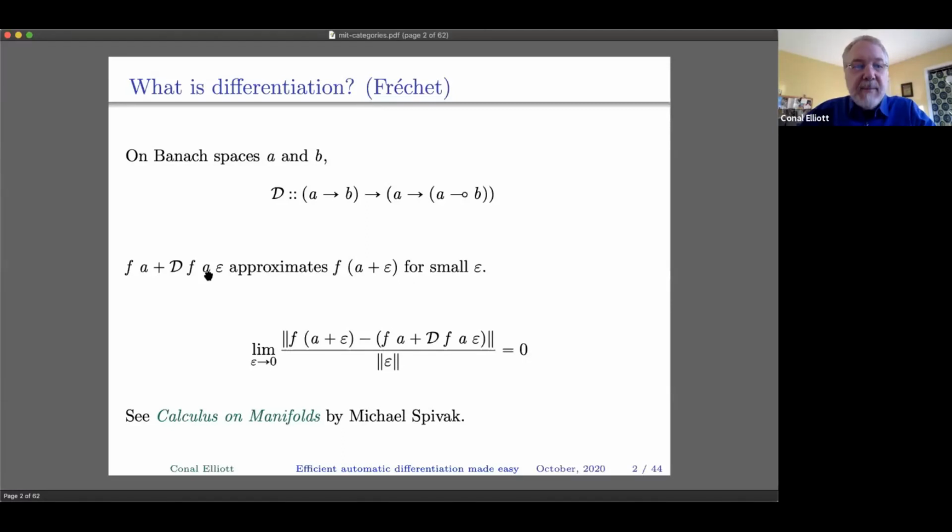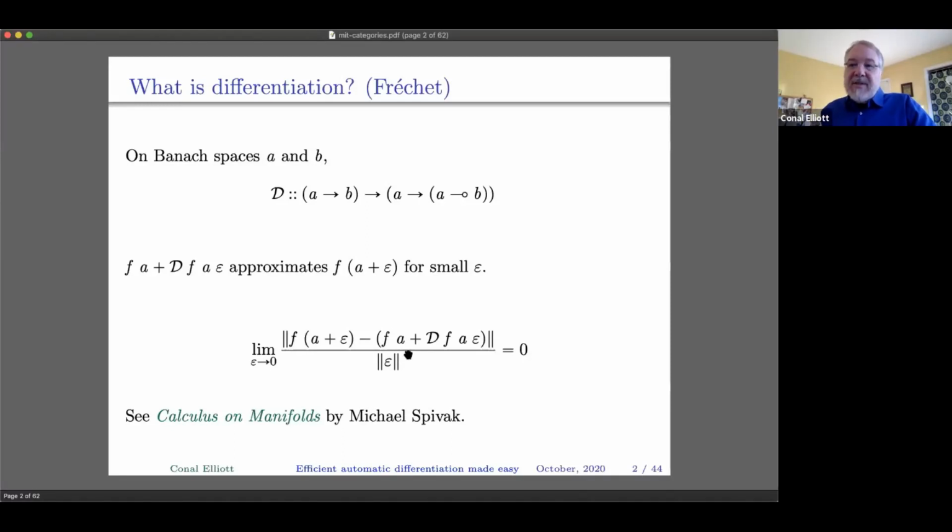So that's a tiny input delta. So this is a local affine approximation of f of A plus epsilon for small epsilon. And specifically, this is the property that has to hold. You evaluate f at A plus epsilon, and then you evaluate this local affine approximation. You look at the difference between them and divide by the magnitude of epsilon.